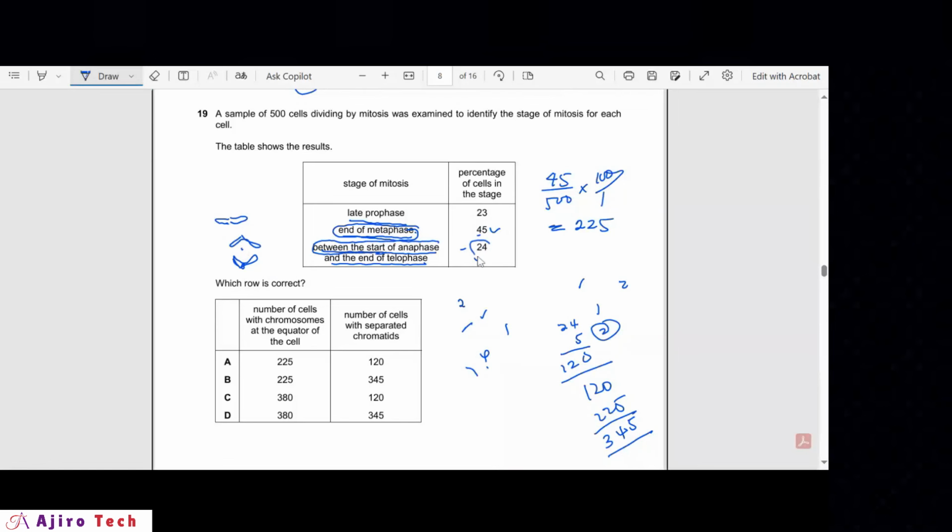So that would be 24 over 500 times 100 over 1, and that gives us 120, which makes A the correct answer.